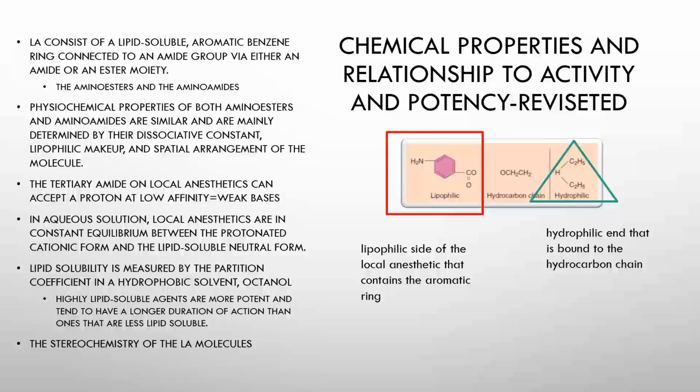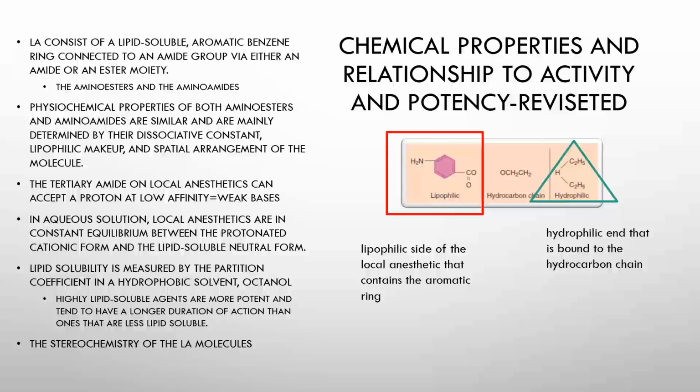By far, the most important physiochemical property of these local anesthetics is their lipid solubility, or lipophilicity. Lipid solubility of the local anesthetic is really determined by the composition of their alkyl substituent on the amide and benzene group that you can see here in red. That determines the lipophilicity.